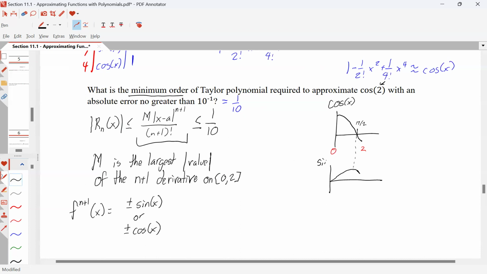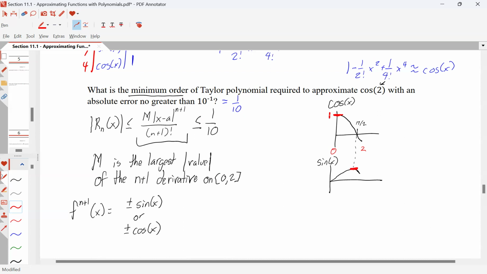We actually know for sine and cosine that between 0 and 2, the absolute value is going to max out. It's going to be the biggest at either 0 or pi over 2, and those values are 1. Cosine starts at the highest value it ever can be, and sine at pi over 2 reaches the highest value it can ever be.